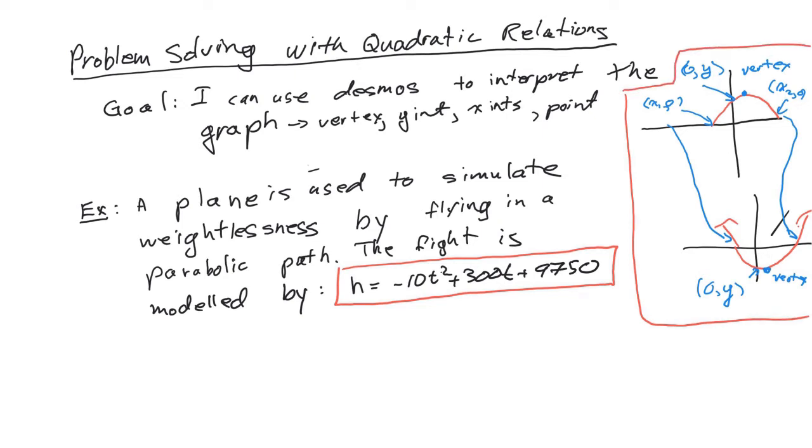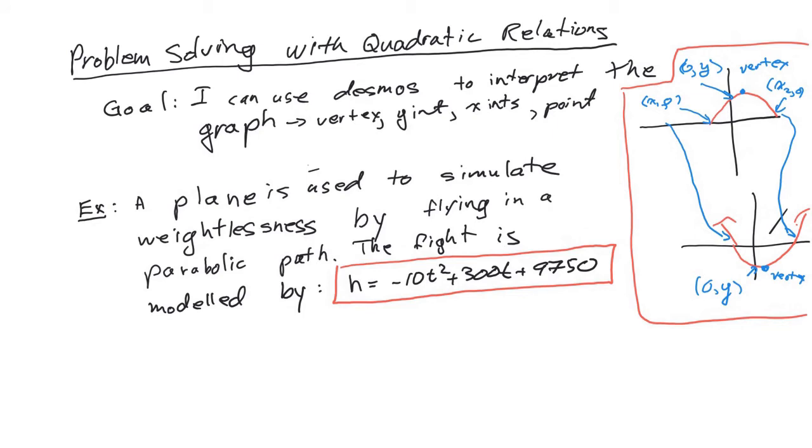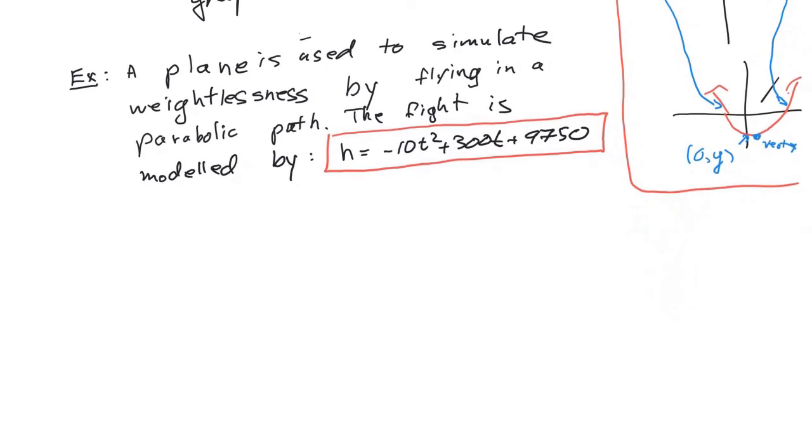What we're going to do is take all this information that we have here and make sure that we answer a few questions. Now, h is equal to all of that stuff, and I'm going to explain what the variables mean, where h is equal to the height, and t is equal to the time in seconds.